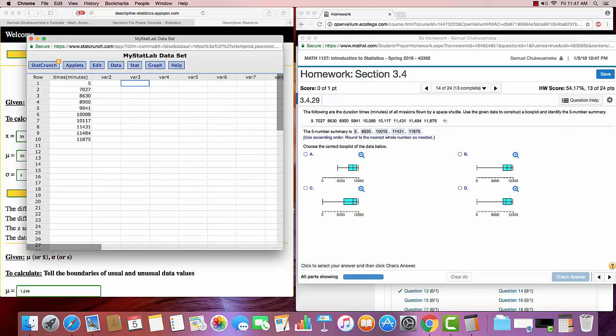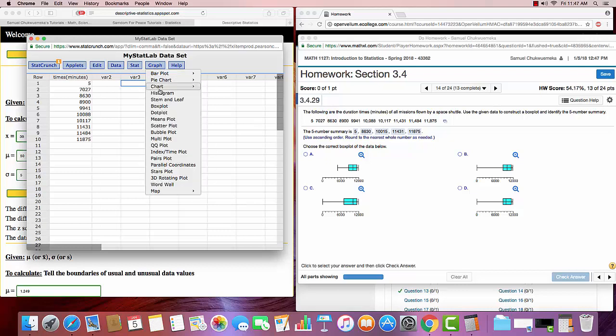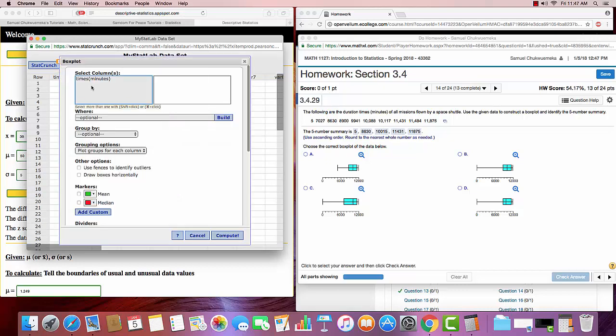Actually, with boxplot, it gives us the whole thing again. So we go to graph, we go to boxplot, we select the columns, and you want to check this box, draw boxes horizontally, because these boxes are drawn horizontally.